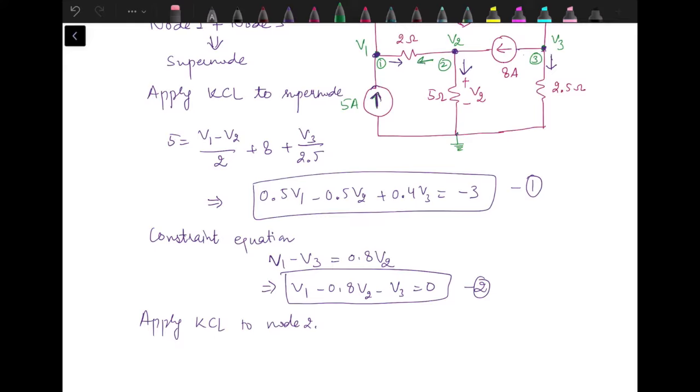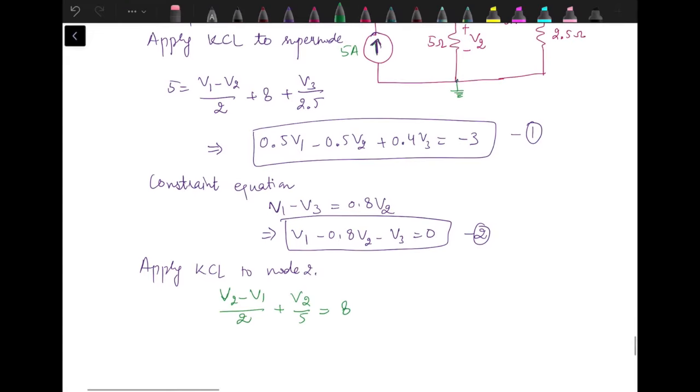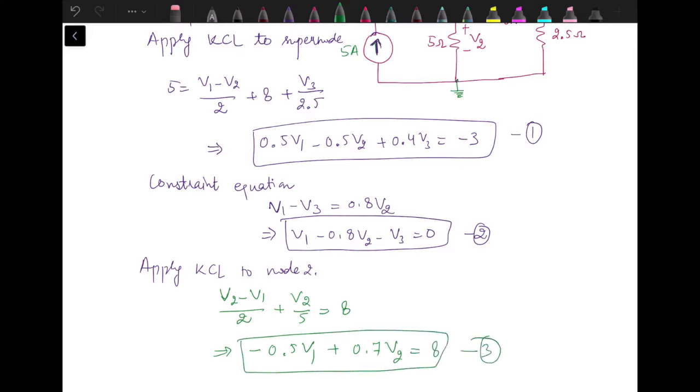So current through 2 ohm resistance will be V2 minus V1 by 2. Current through 5 ohm is V2 by 5. This should be equal to 8, which is the incoming current. So when we solve this equation, it becomes minus 0.5 V1 plus 0.7 V2 equal to 8. So this is our third equation.